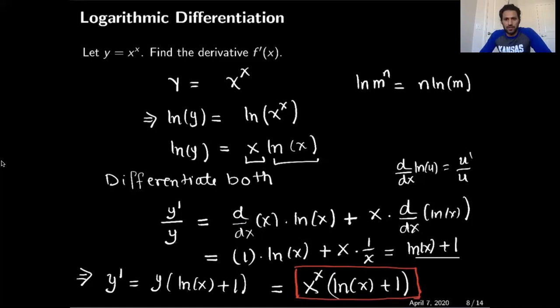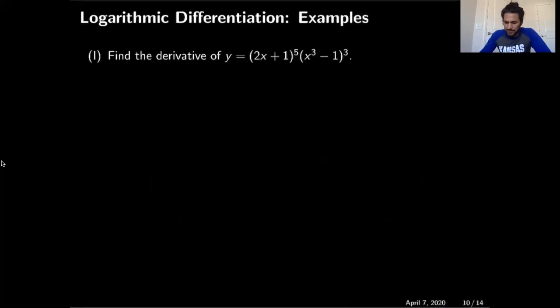Let's do some more problems by using this technique. My next example is calculating the derivative of 2x plus 1 to the power 5 times x cubed minus 1 to the power 3. As you can see, this is a product of two functions. You can use the product rule and chain rule to calculate the derivative.